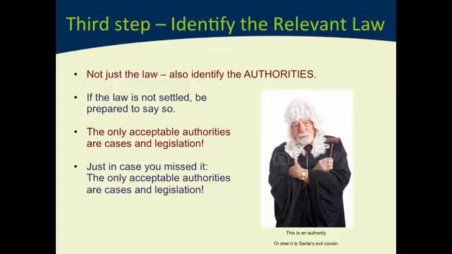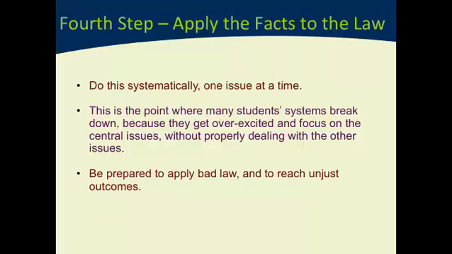So we've identified the relevant law. We've cited the appropriate authorities. We've understood that Anthony Marinac is not the appropriate authority. The next step is to apply the facts to the law. So at this point, we're now going back to the story that we were given. We're going back to the initial problem question.